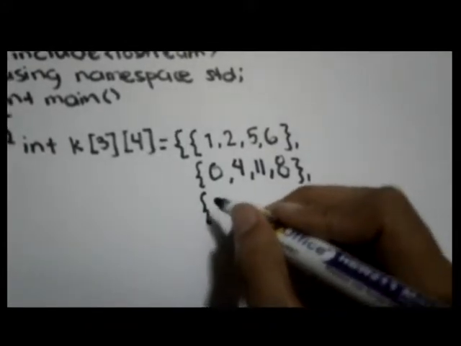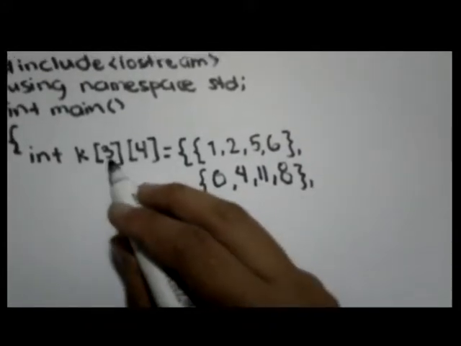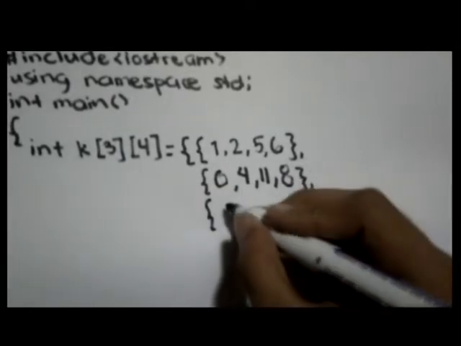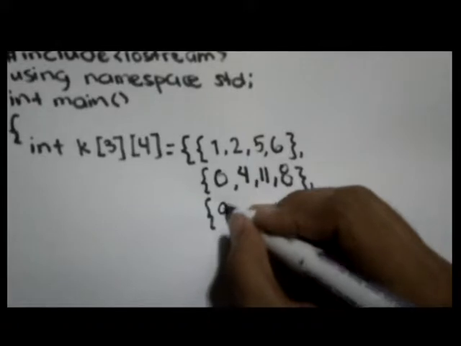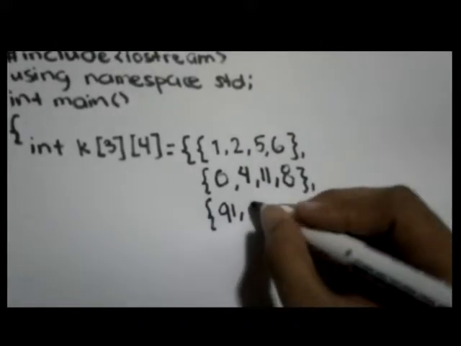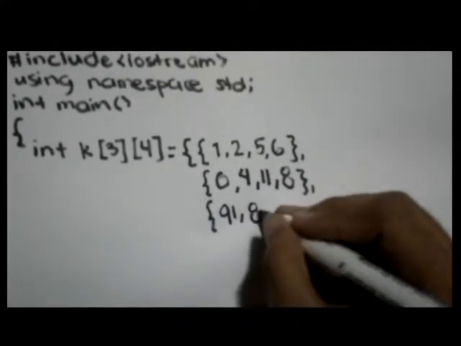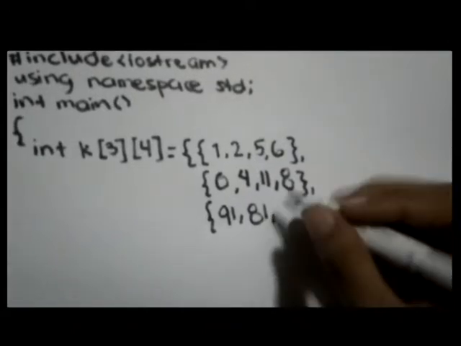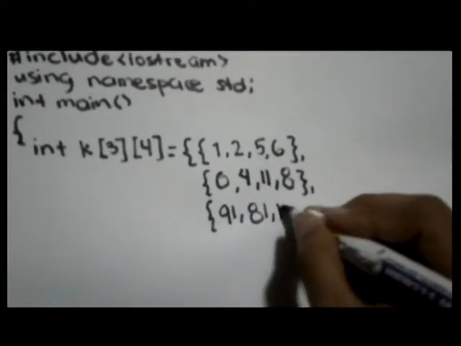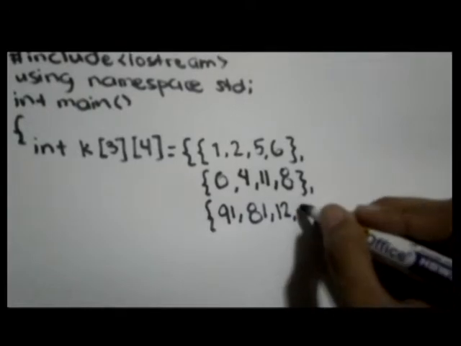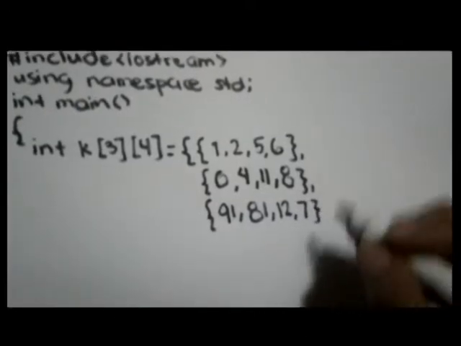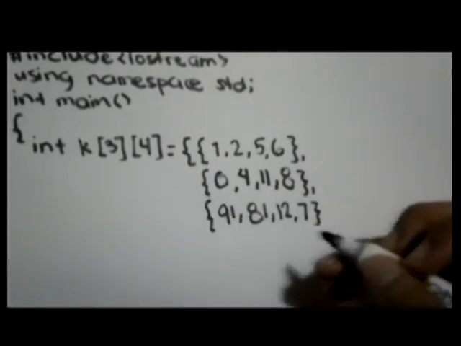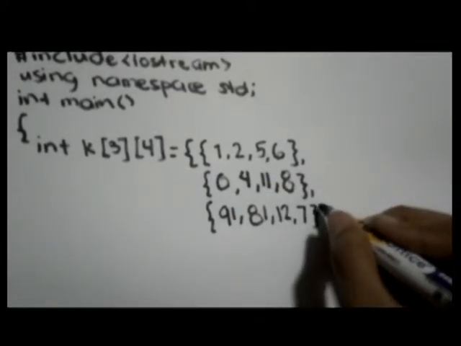Now we are on the third. This is the last because we have 3. Okay, let's add some value like 9, 1, 8, 1, 12, and 7. Now close the braces, because I close it with another brace.